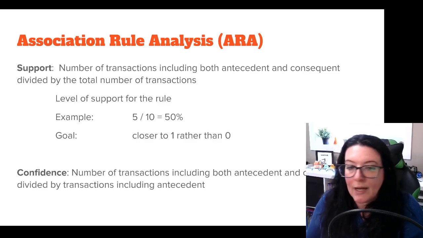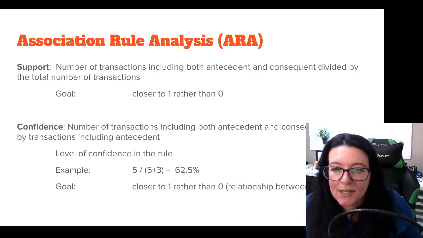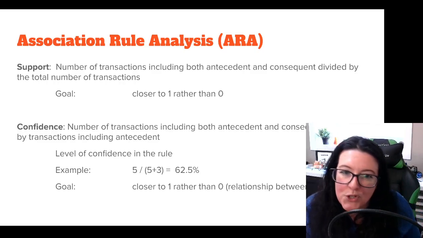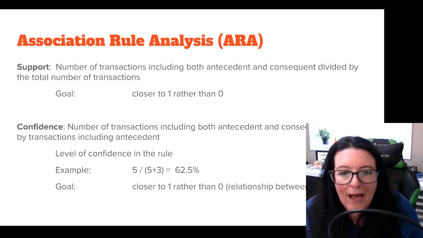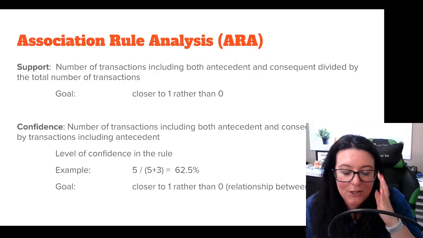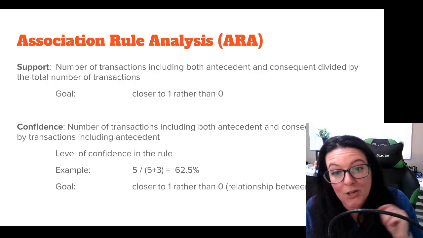Now we also look at confidence. Confidence is the number of transactions that include both the antecedent and the consequent. So 5 out of the 10 times people bought both shampoo and conditioner. And we're going to compare that to how many transactions included the antecedent, so bought shampoo.